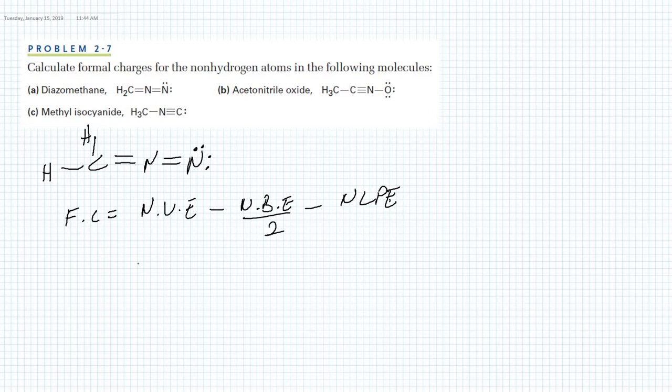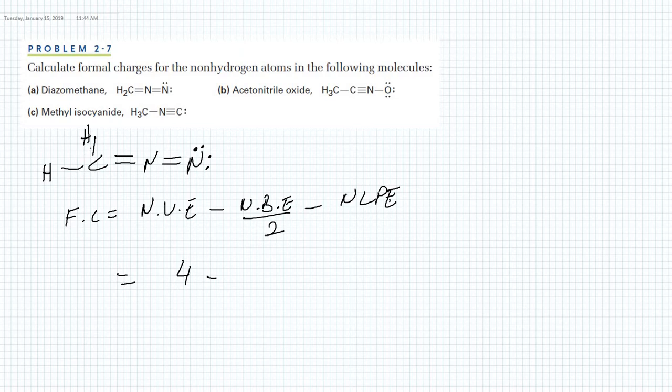For carbon, the number of valence electrons in a free atom is equal to its group number in the periodic table. Carbon is from group 4A, so it has 4 valence electrons, minus the number of bonding electrons. We have to count how many bonds we have. We have 2 single bonds and a double bond.